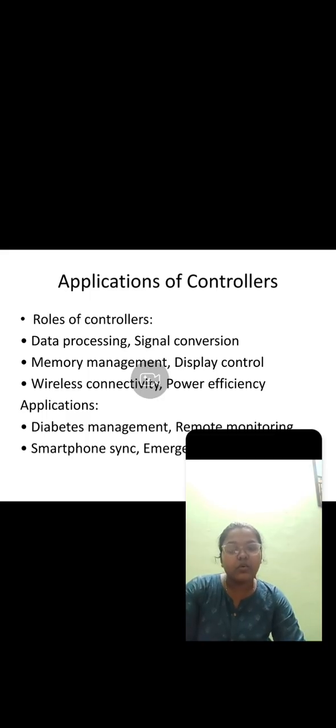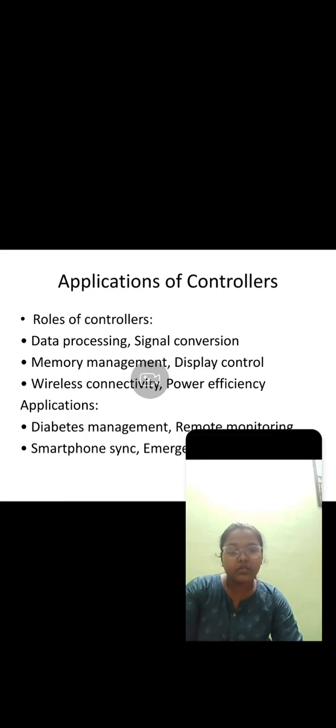So these are the roles the controllers play in our device, our blood glucose monitor. Our controller plays five major roles. First, it gets an analog input and processes it into a digital input for the device. So our signal, our data, has been processed. Then memory management: we use flash memory so that the data can be stored.